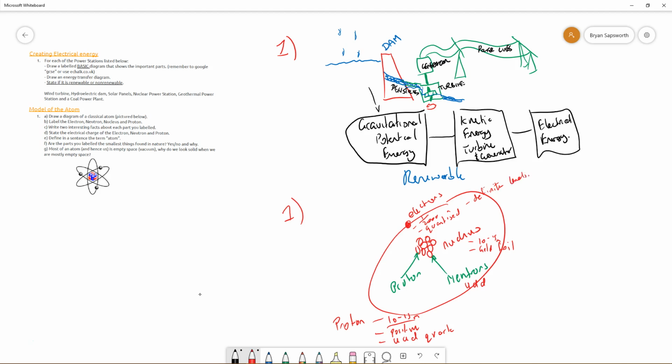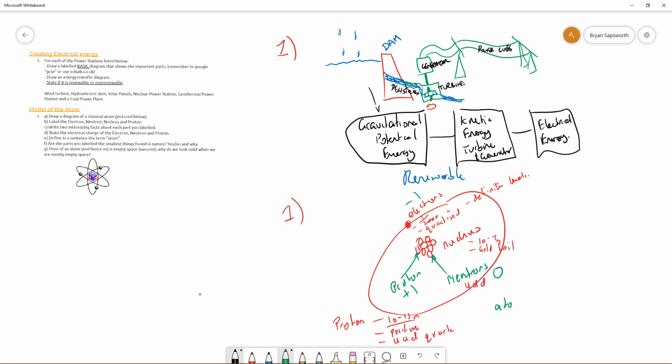Any sort of Google site will tell you some stuff. Next one we're going to look at is C, state the electrical charge of the electron, neutron, and proton. So the charge for the proton is +1, the neutron's 0, and the electron's -1. So positive and negative.